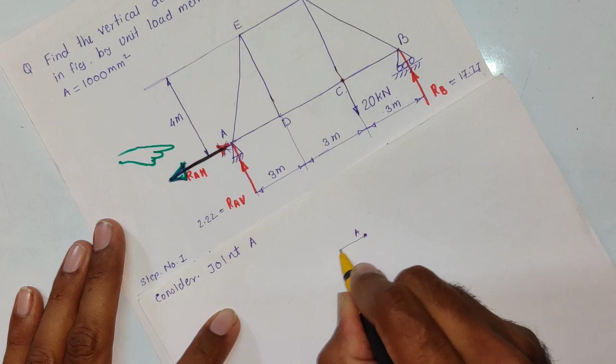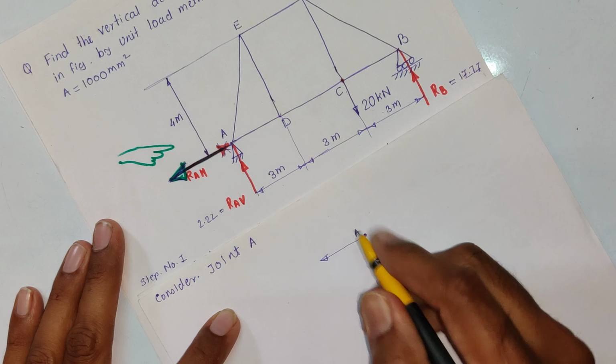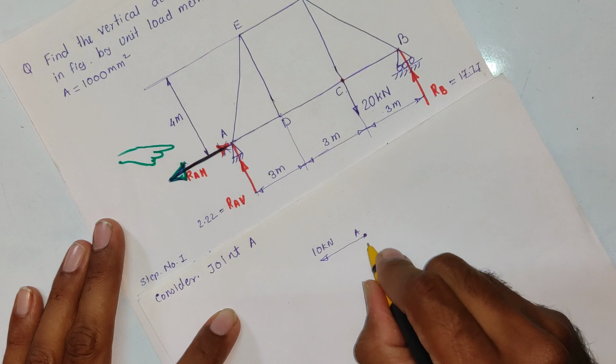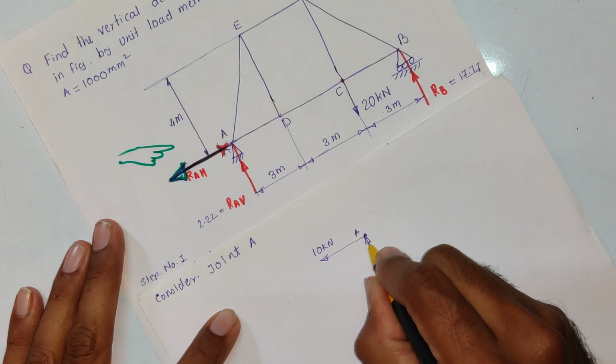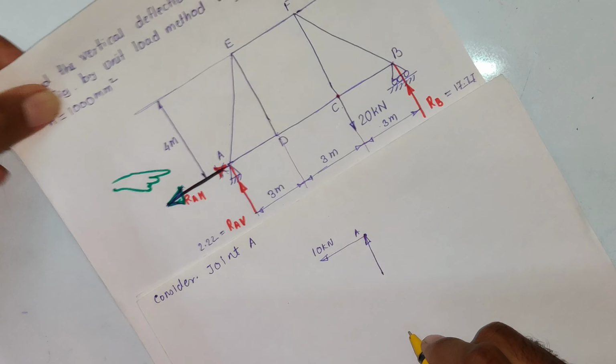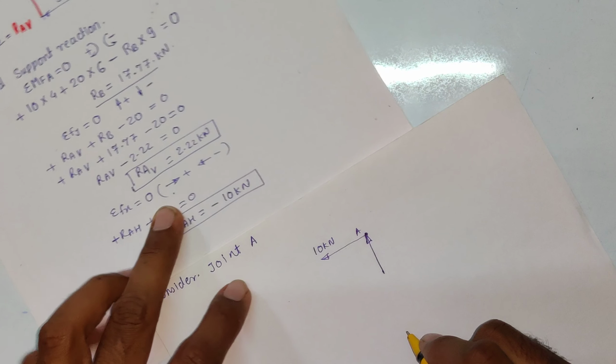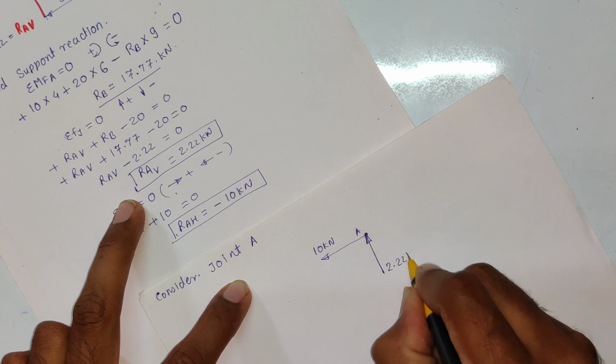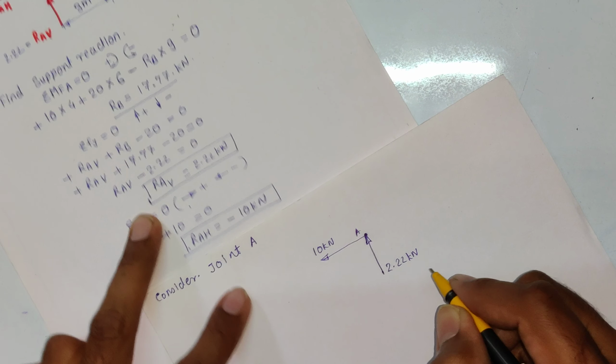See this reactions, direction of reaction, that is RAH, that is 10 kilonewton. RAV is how much? 2.22, right?